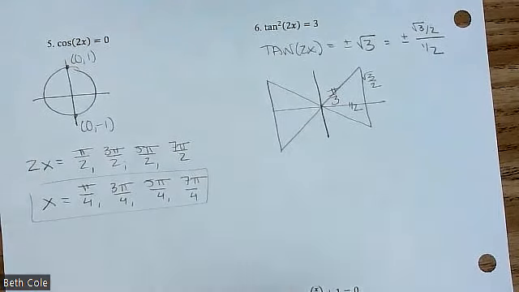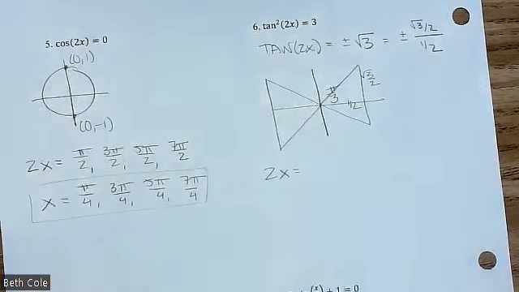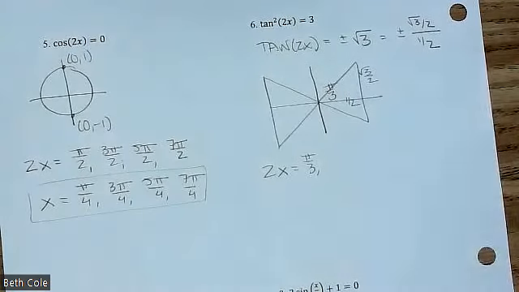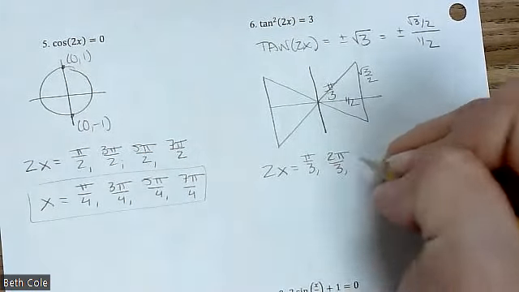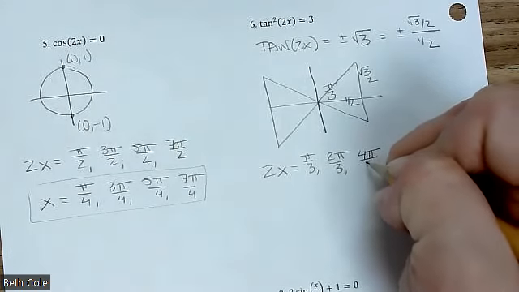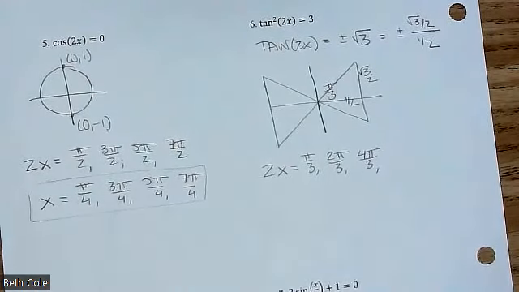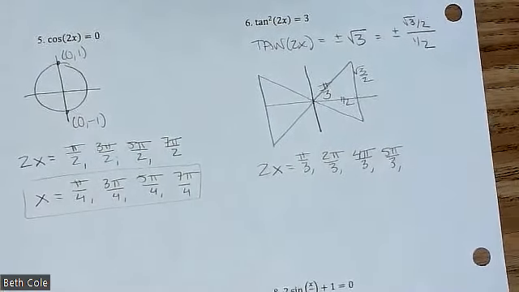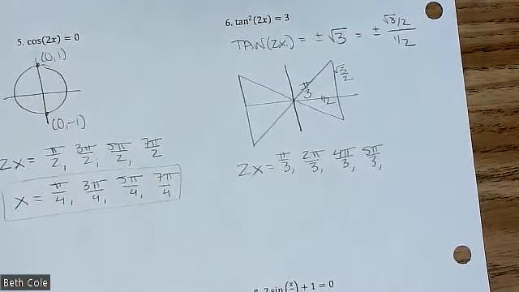All right, so here we go. It's not x equals, it's 2x equals, and we're going to list them all out. So pi over 3, 2 pi over 3, 4 pi over 3, 5 pi over 3. I hope I don't run out of space because I got to be able to fit 4 more in there. Now the whole way around is 6/3.